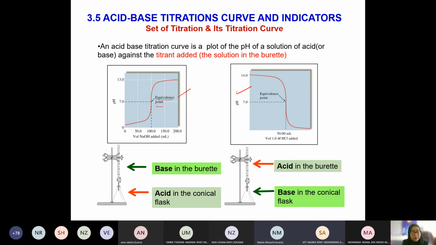So this is the point. Kita boleh tahu range lah. Tapi setiap acid base titration tu has its own specific equivalent point. Okay, all right. For example, strong acid and strong base, the equivalent point will be 7. Okay, equivalent point is equal to 7.